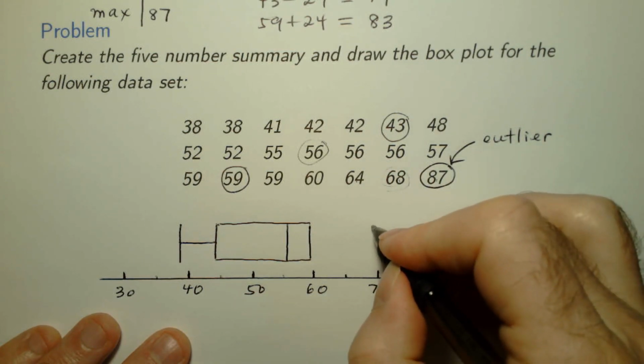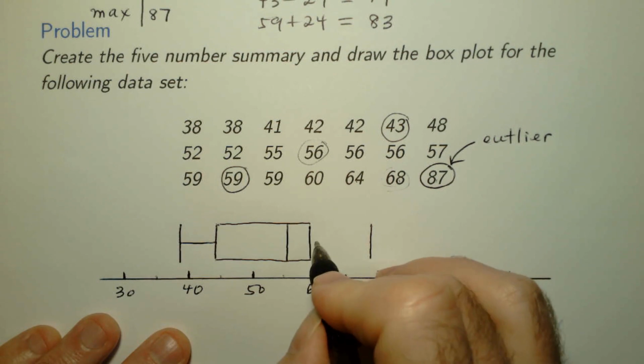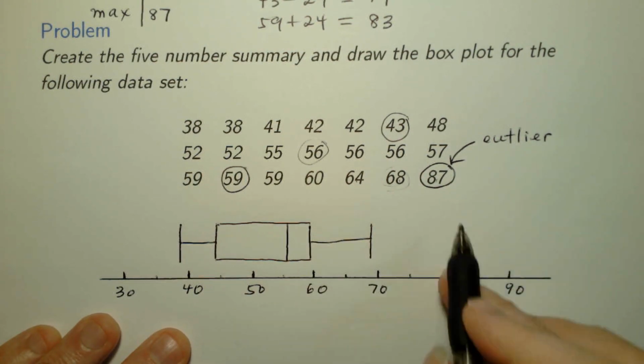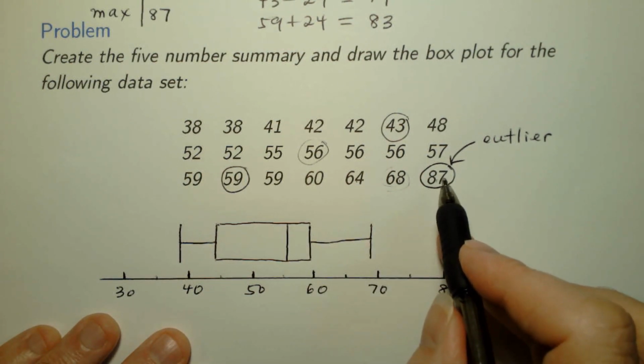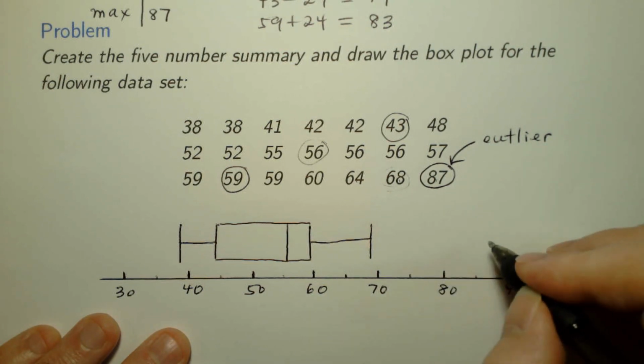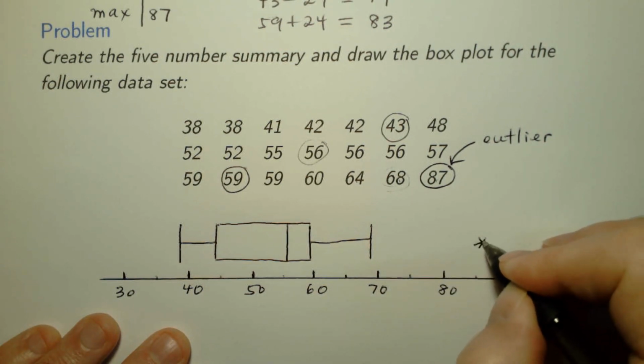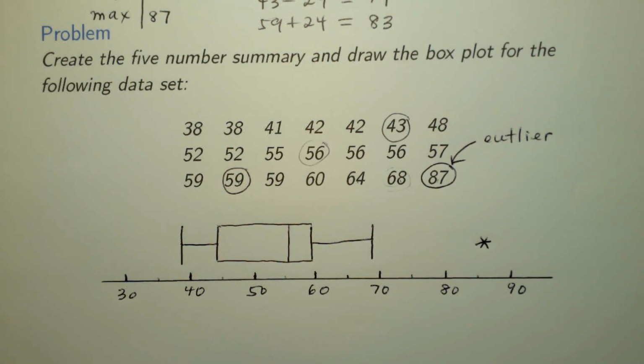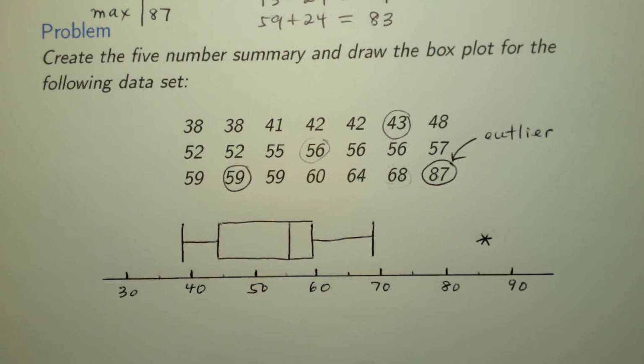So 68 is going to be just shy of 70 here. And then finally, I'll indicate that 87 is in the data set, although it's outlying. I will graph it as an asterisk just to indicate that it's in the data set, but it's removed from the bulk of the data. It's an outlying value. So that's our 5-number summary, our interquartile range analysis, detection of outlying values, and then finally the box and whisker plot, or the box plot, that goes along with this data set.